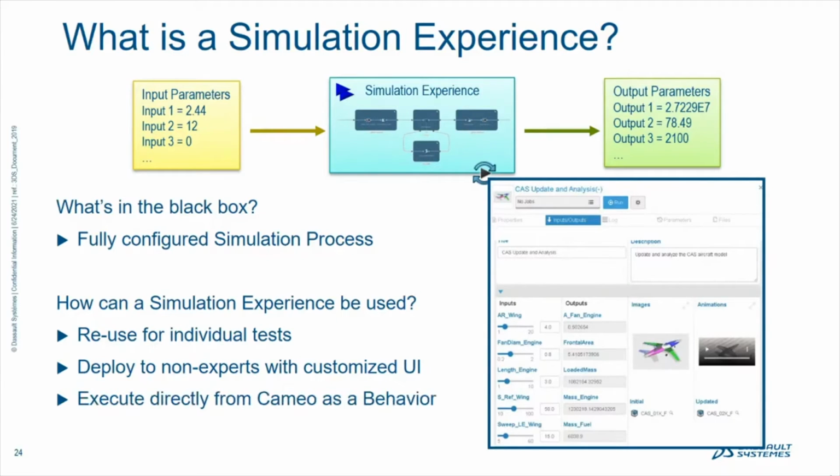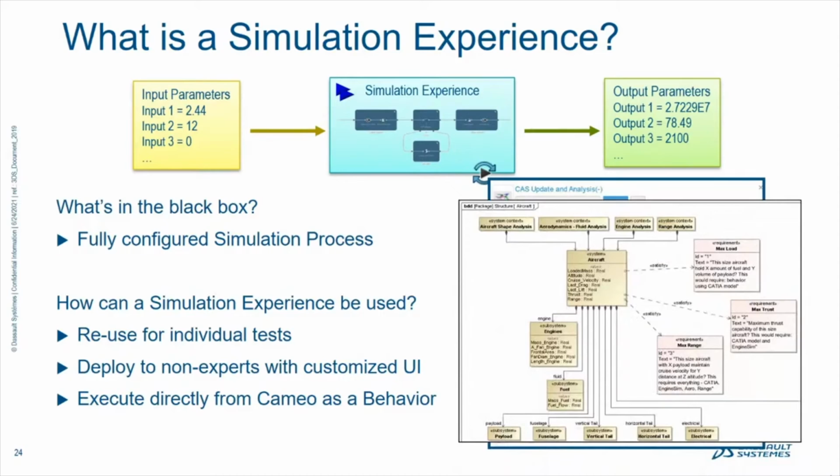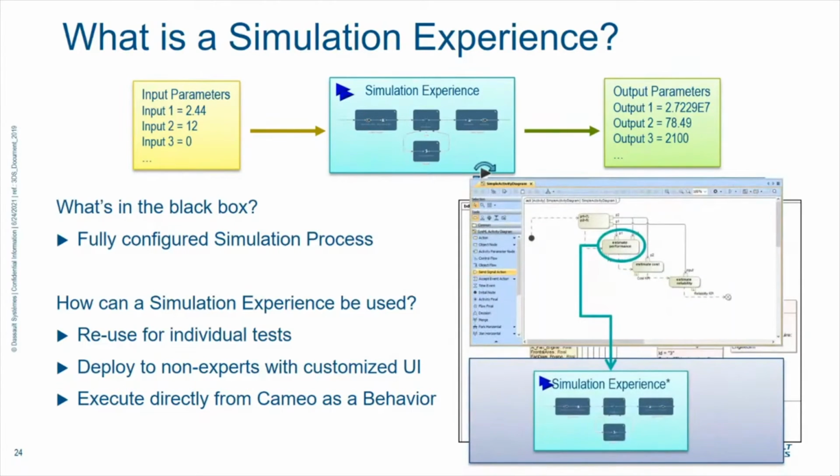And lastly, what we're going to focus on today is that you can execute a simulation experience directly from Cameo as a behavior. Your Cameo model will have some sort of a block associated with executing something. And from an activity diagram or parametric diagram, you can configure Cameo to connect to the platform and send the input parameters that are required for the simulation experience.